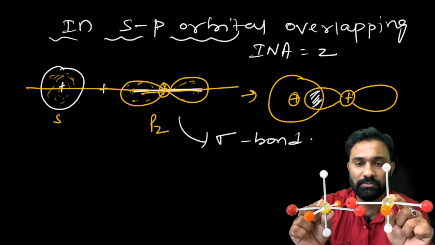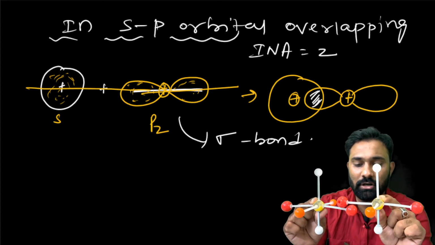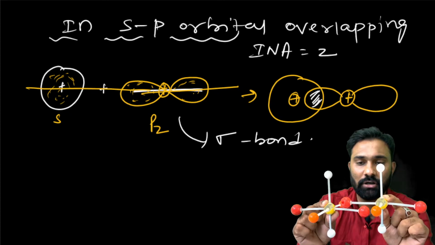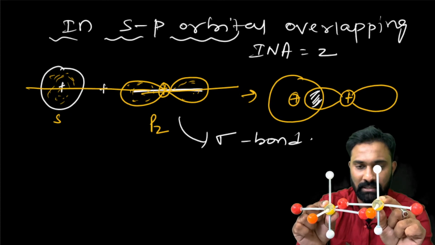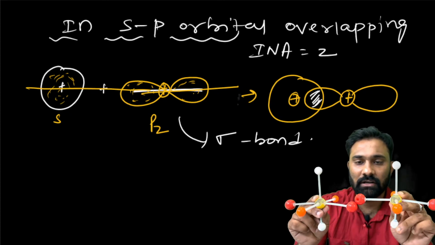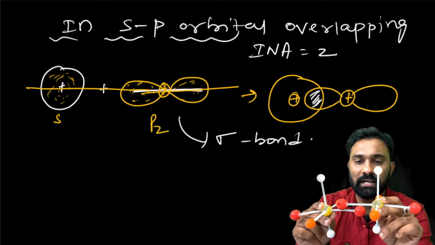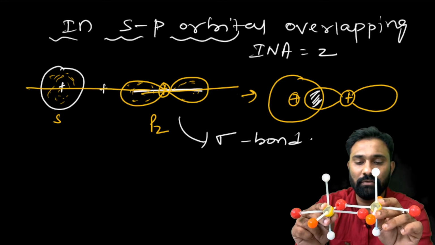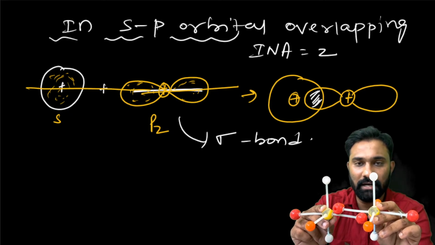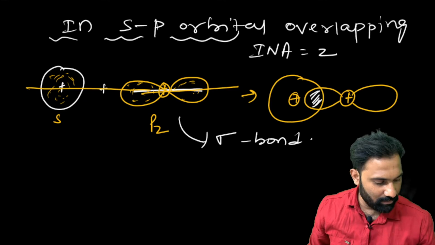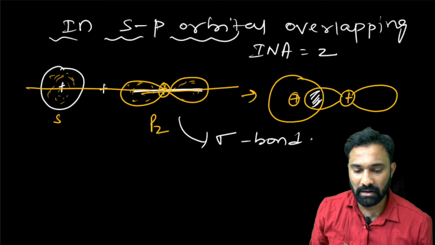The electron cloud is between the nuclei, so the electron is strongly attracted towards the nucleus. This leads to a sigma bond. This is the overlapping in the s-p orbitals.